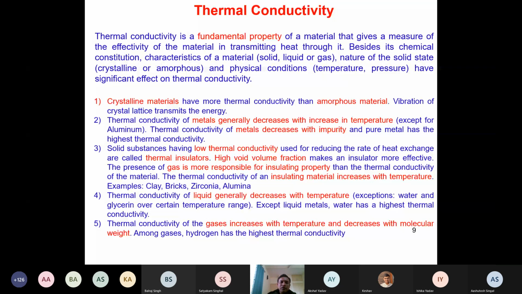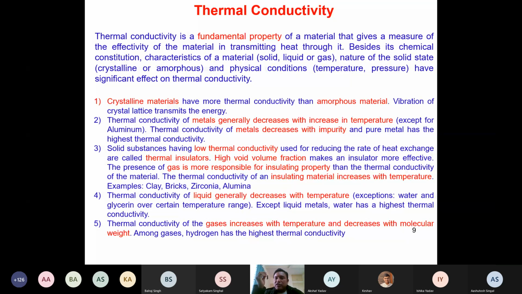The thermal conductivity of the insulating material increases with temperature. Now, unlike this, for liquids the thermal conductivity decreases with temperature.